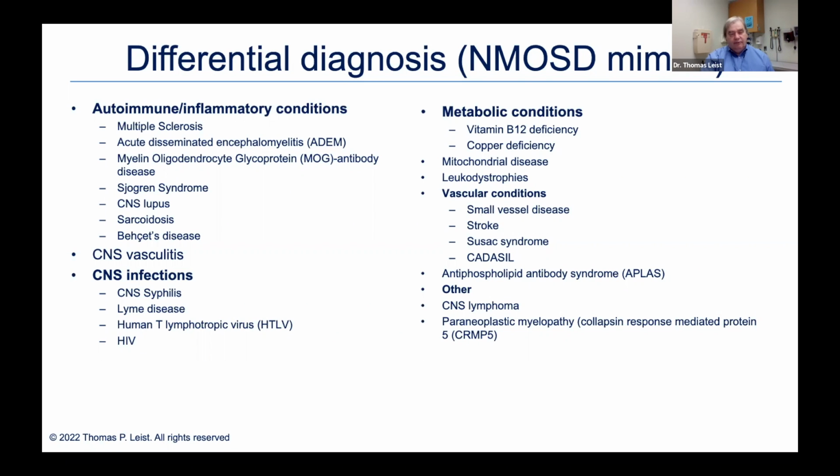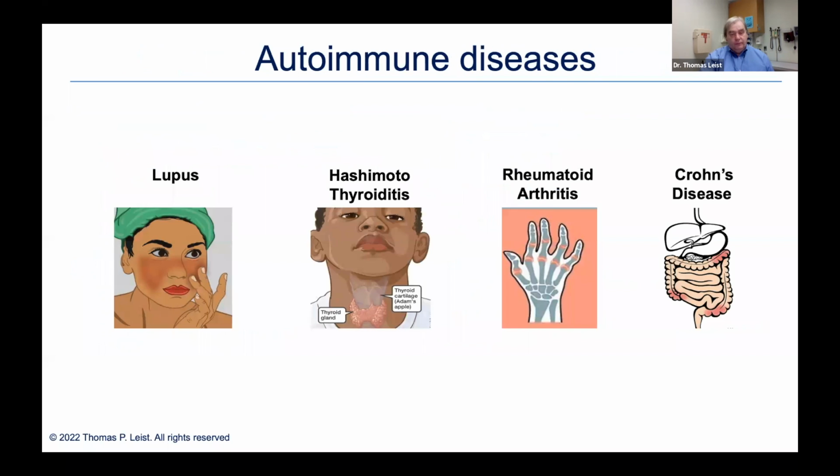Obviously, not all of them need to be ruled out in every patient, but one needs to keep in mind that they could look like or behave like neuromyelitis optica. And since this is a rare disease, as I mentioned, in Caucasians 1 in 100,000, in African Americans 10 in 100,000, it's important to have diagnostic clarity when one diagnoses an individual with this condition.